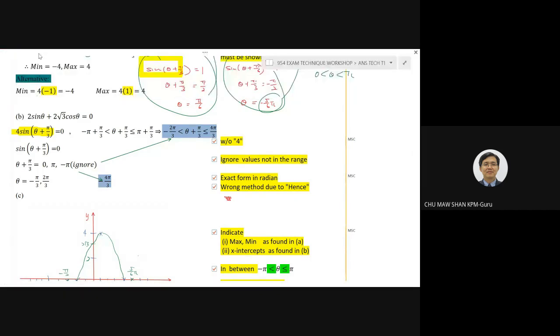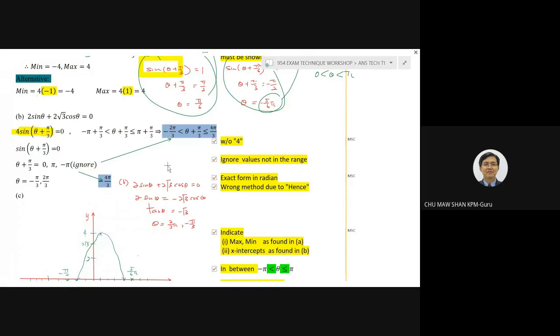Let's say we have a solution like this. You have a solution like this. Compare now. Which one is faster?